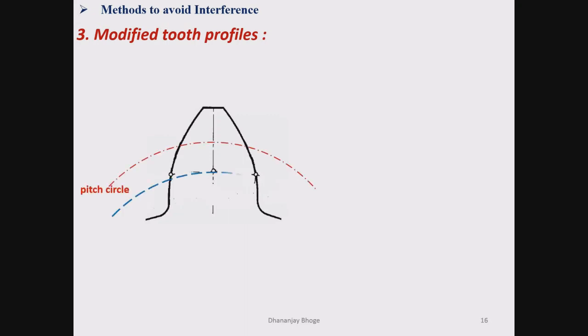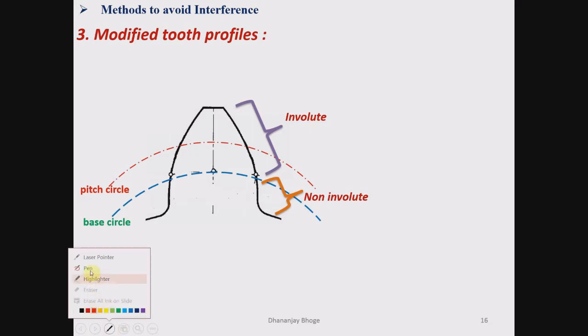We know that tooth profile above the base circle is involute and that below the base circle is non-involute. If you cut the teeth below the base circle, that much portion of the teeth will be non-involute. So this portion below the base circle is non-involute.